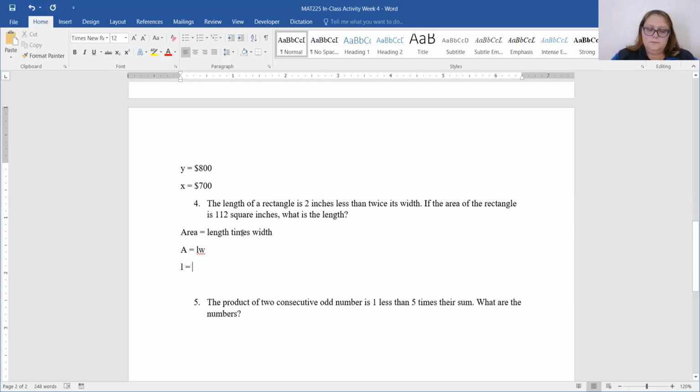What can we say that L is? The length is 2 inches less than twice the width. So you need to look at this entire phrase.